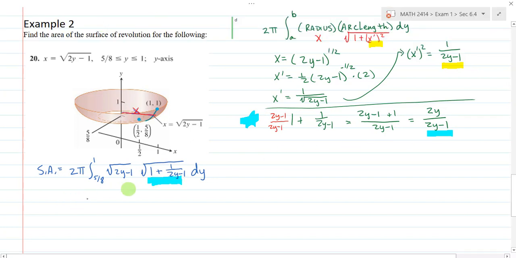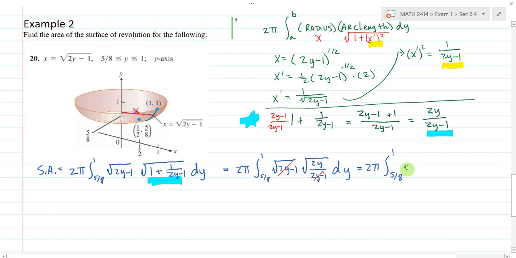So that's going to give us 2 pi times the integral from 5/8 to 1 of the square root of 2y minus 1 times the square root of 2y over 2y minus 1 dy. So this radical will cancel with the denominator there. We get 2 pi times the integral from 5/8 to 1 of the square root of 2y.